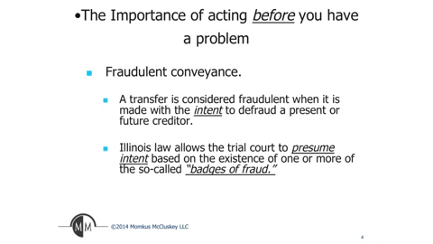And that is because of a legal concept known as the fraudulent conveyance. In essence, a fraudulent conveyance is a transfer of assets where you intend to defraud your creditor. And the courts and juries are entitled to look at what we call badges of fraud to determine whether or not a conveyance you made is fraudulent.